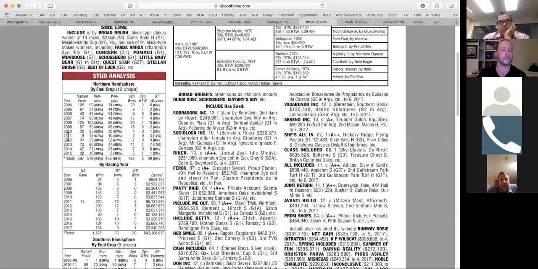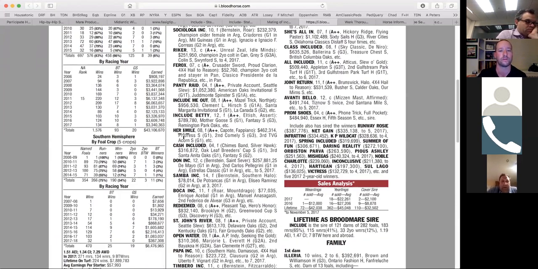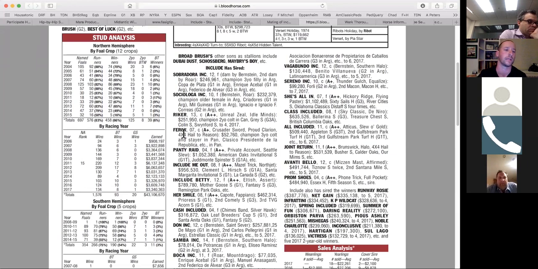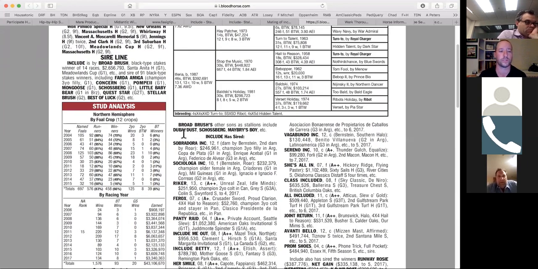He had a really good year in 2011. He only had 18 foals. 3 of them won stakes races, good for 17%. So that's pretty solid. But you also notice why Include stands now for $7,500. You can breed to him for less than that. He's just not commercially popular. It's sort of one of those ironies of horse racing.